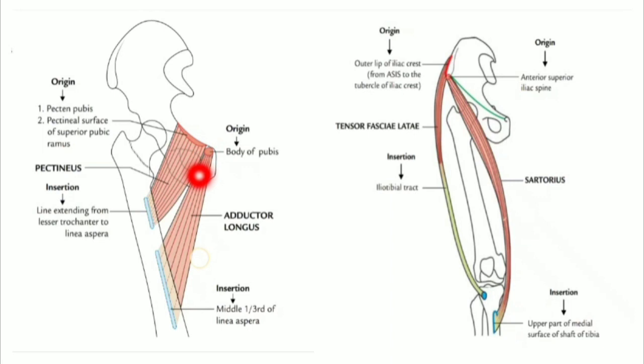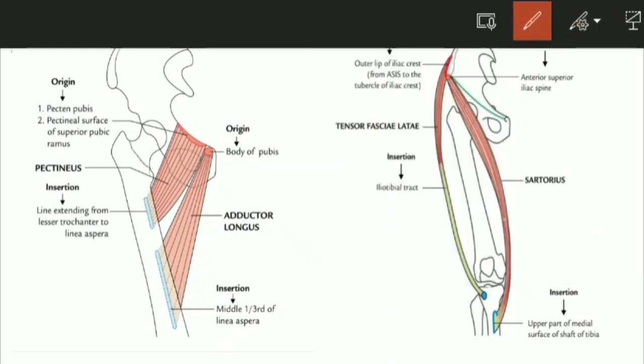But when it comes to the triangle, it turns like this. The medial border is here on the upper part, forming the medial boundary of the triangle.